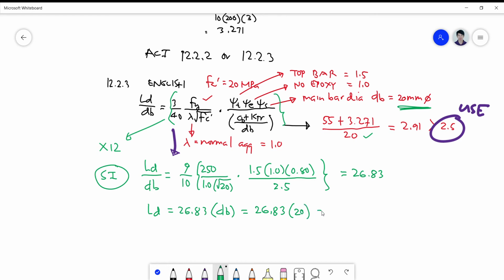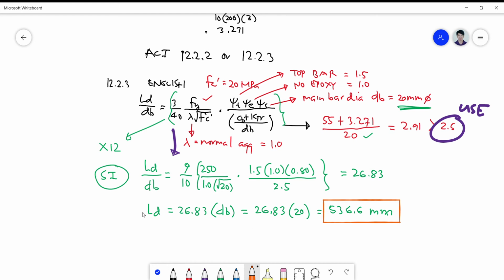You get 536.6 millimeters. Okay, so this answers your question on what is the length of development.